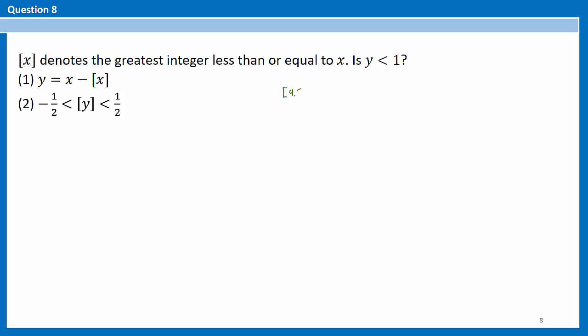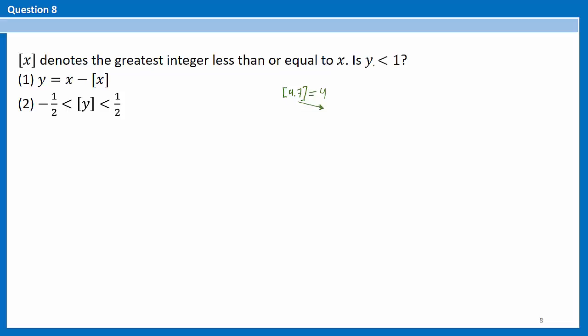Operator 4.7 would denote the greatest integer that is less than or equal to 4.7. The greatest integer less than 4.7 is 4. So what the operator is doing is taking a number and keeping the integer that is closer to the number below. Okay.